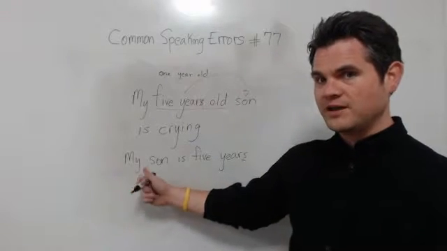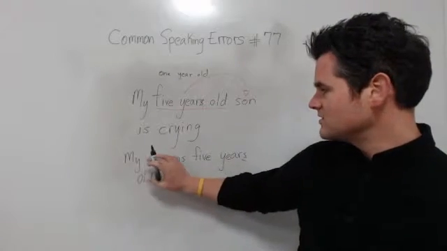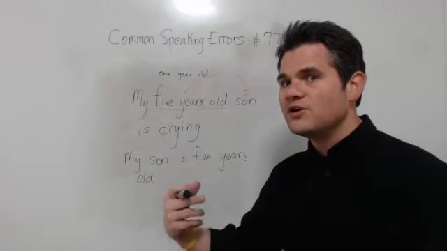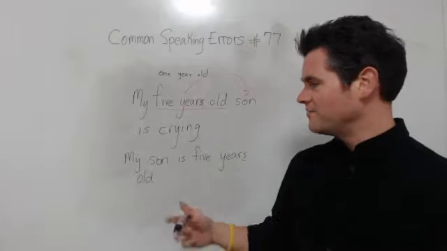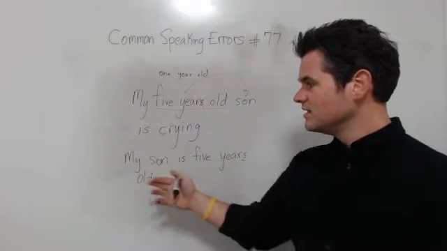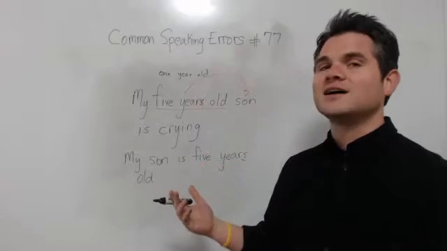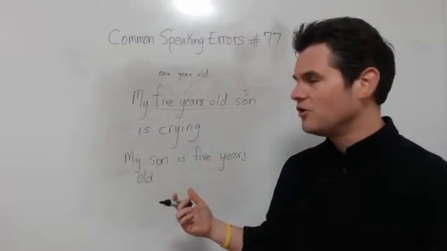So we're describing the state of being of our son. So my son is 5 years old. So that's when we would use the plural form years. When someone asks us, "How old is your son?" My son is 5 years old.